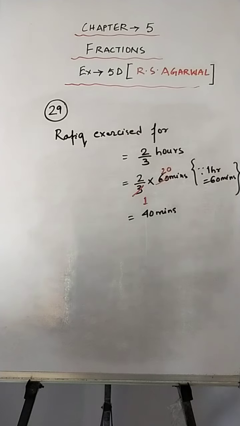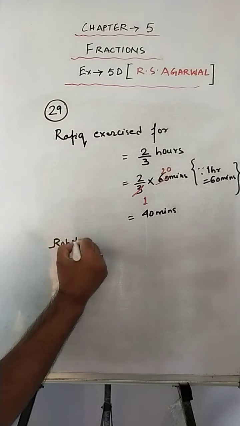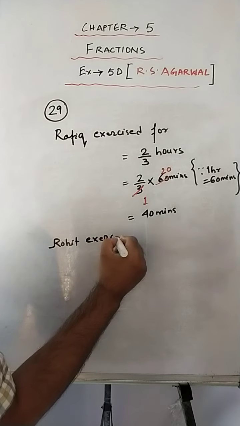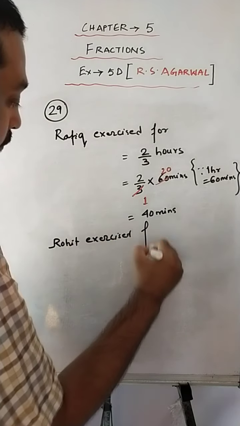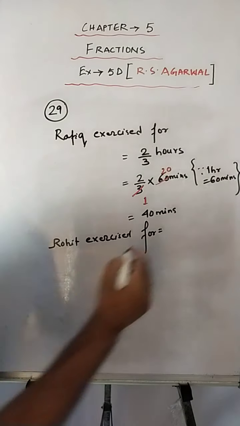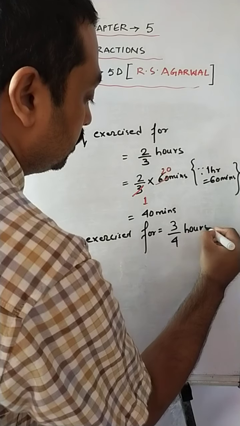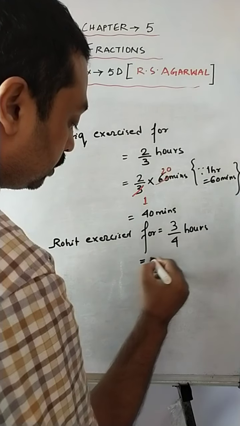Now what about Rohit? Rohit exercised for 3 by 4 hours, students. Again we will convert this hour into the minute form.